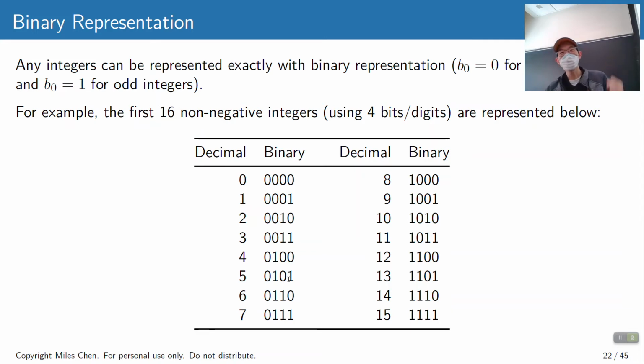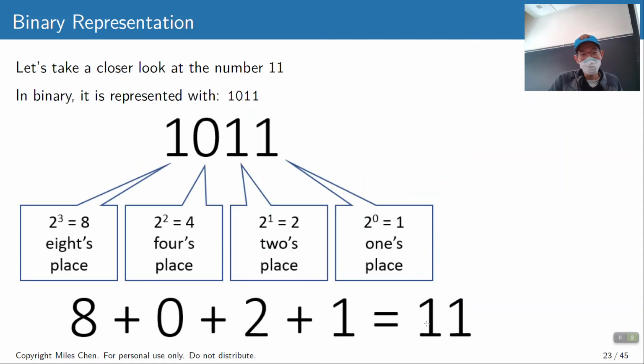So counting is actually reasonable, but trying to add like that is quite tricky. But anyway, you can count up to 15 with four digits. And then if you introduce the fifth one, you can get up to 31.